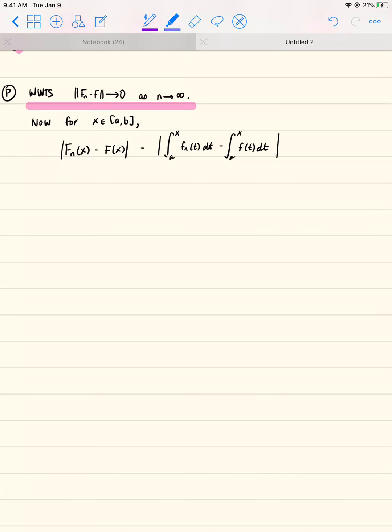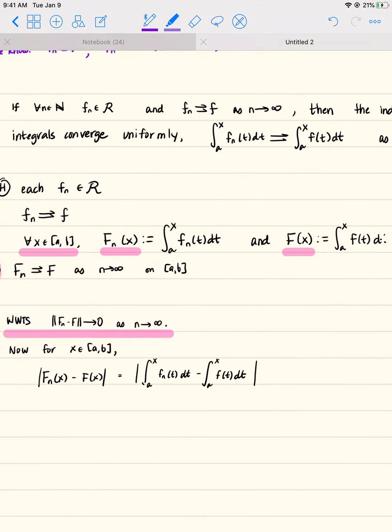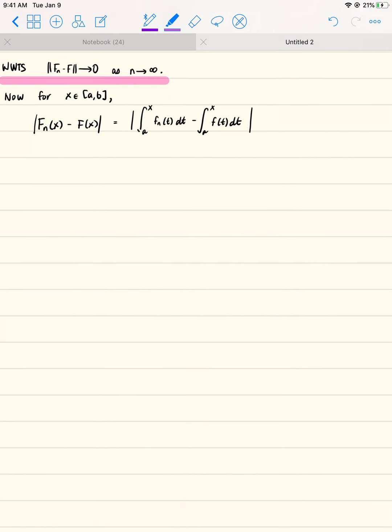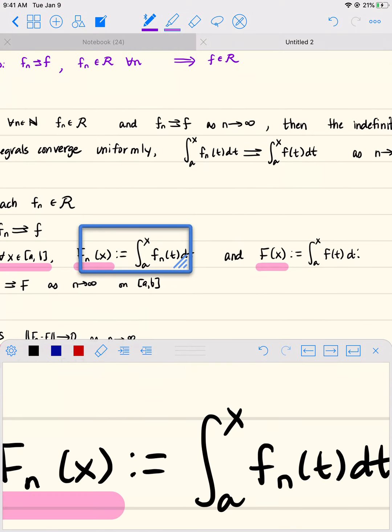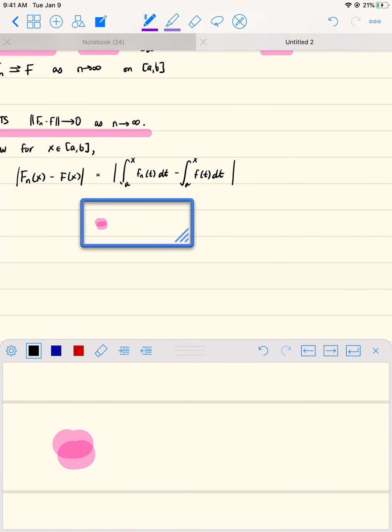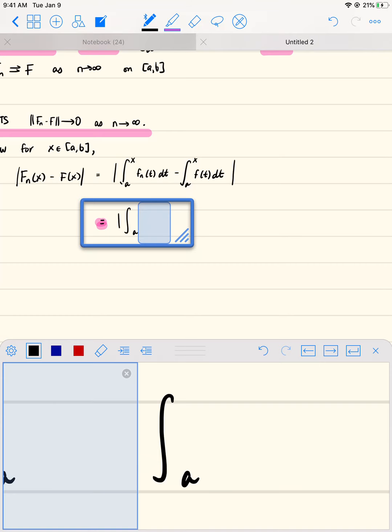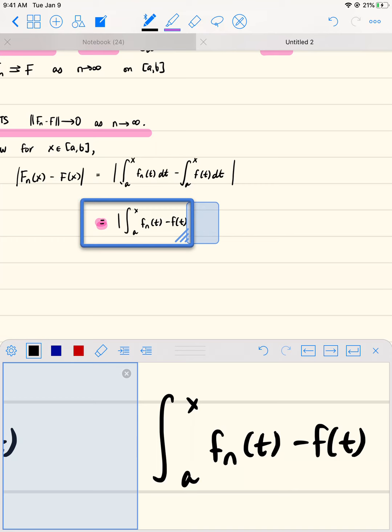So fix x in our domain, and then what is fn of x minus f of x, or big Fn of x minus f of x? What is the difference of these indefinite integrals? We just took the absolute value, and now we'll be able to combine. We should be able to write equals, and then we'll have the integral from a to x of simply fn of t minus f of t dt.